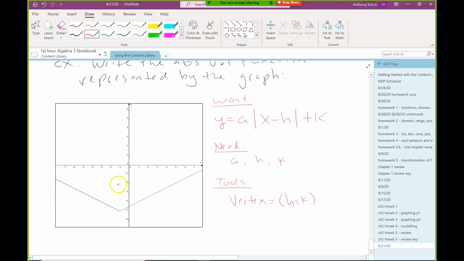So if I look at this graph, my vertex is (-1, -5). So that immediately tells me that h is -1 and k is -5.